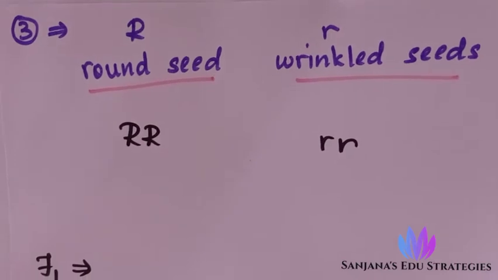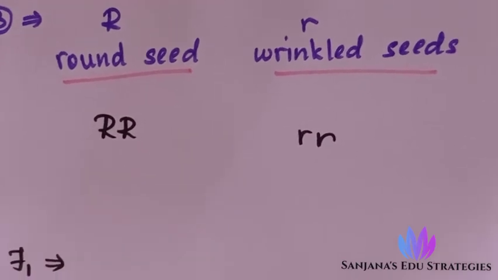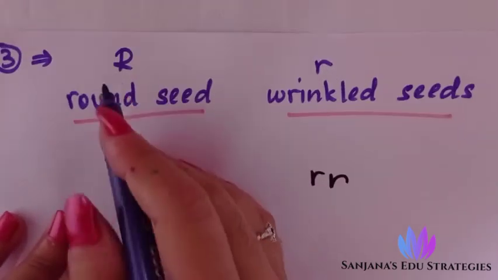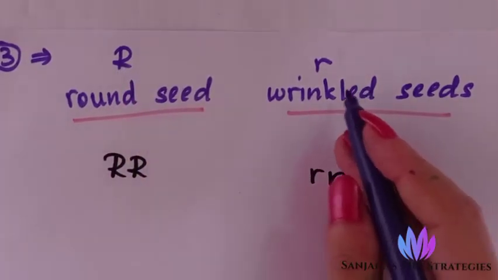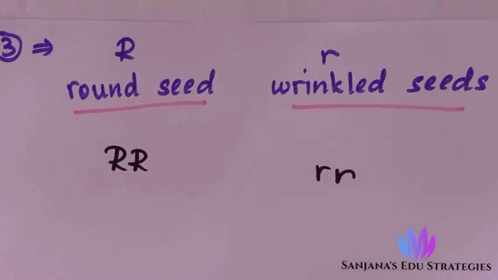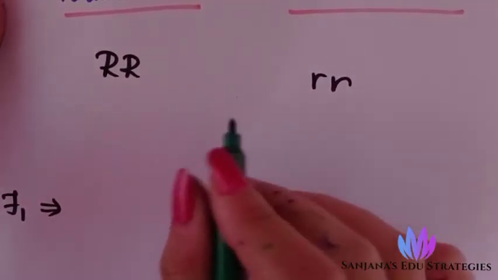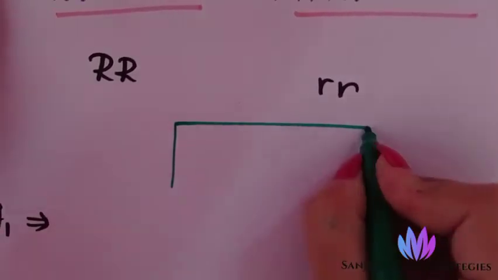In this he did the same process. Round seed is the dominant character and the other one is the recessive character. So now on crossing he got, normally, okay, should I draw this?